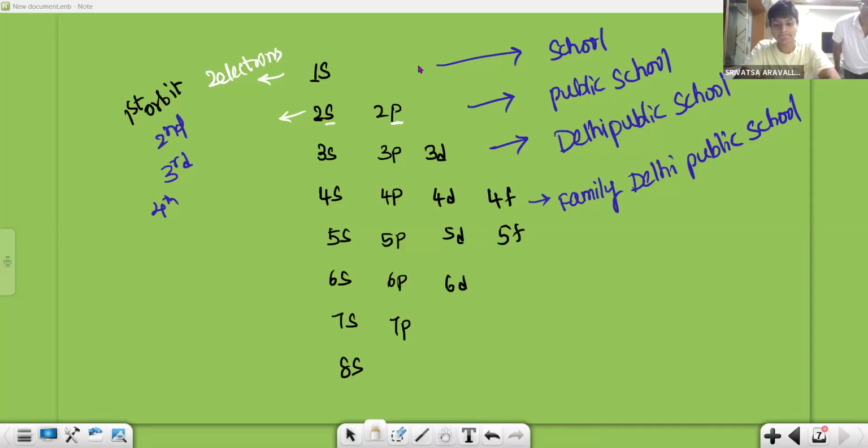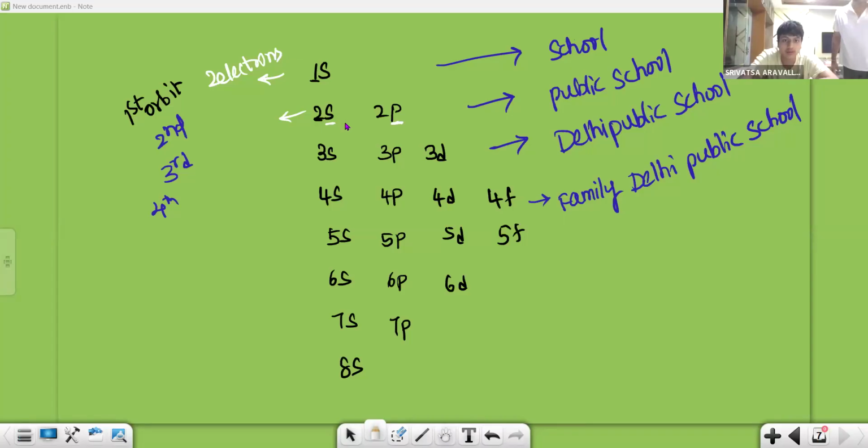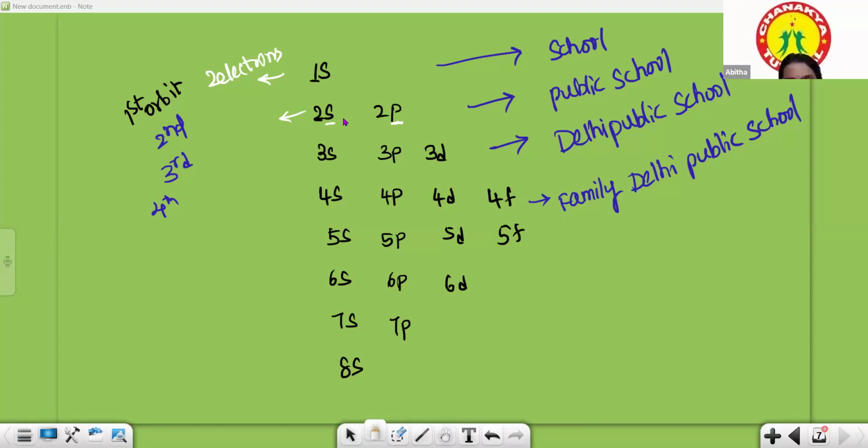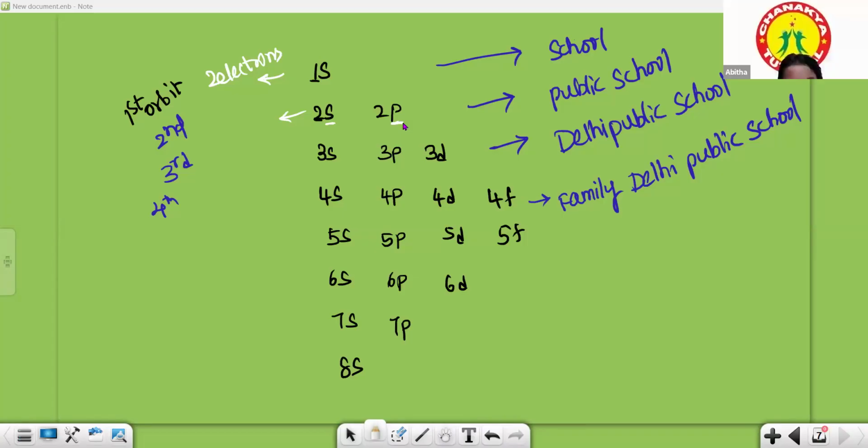Okay. In the second orbit, how many electrons can you fill? What subshells are present in the second orbit, Srivatsa? 2s and 2p, right?